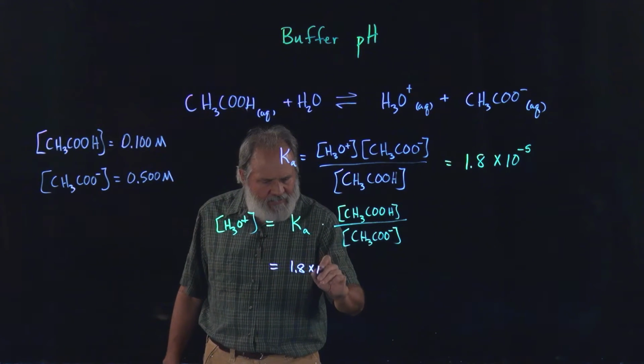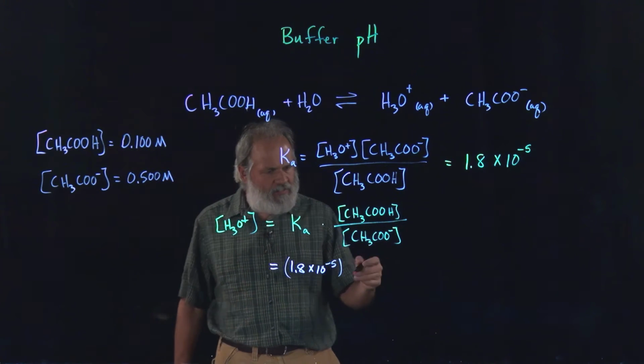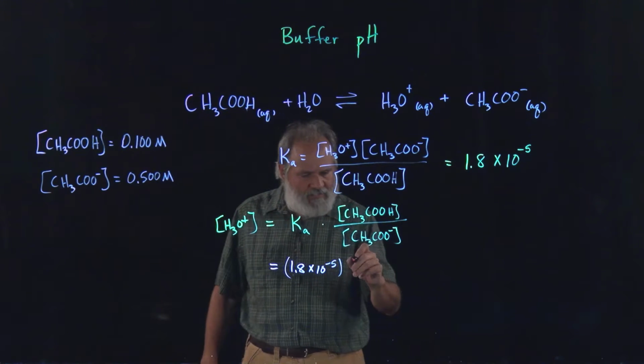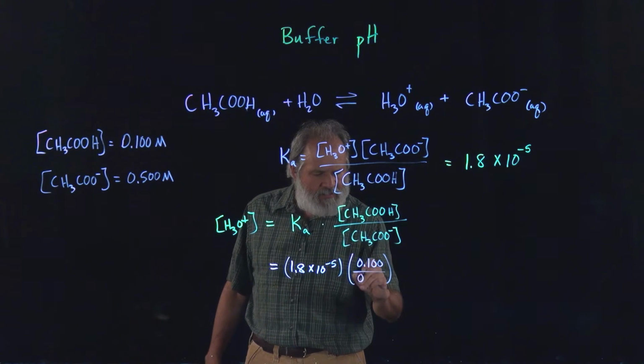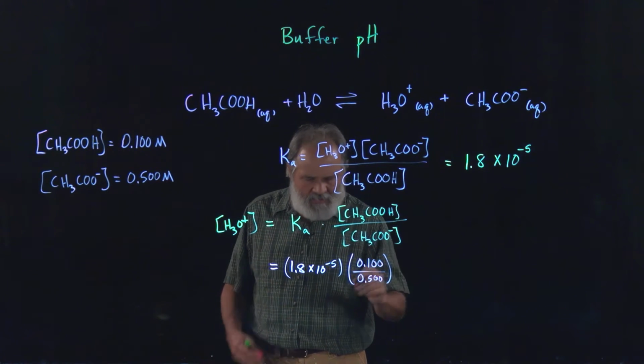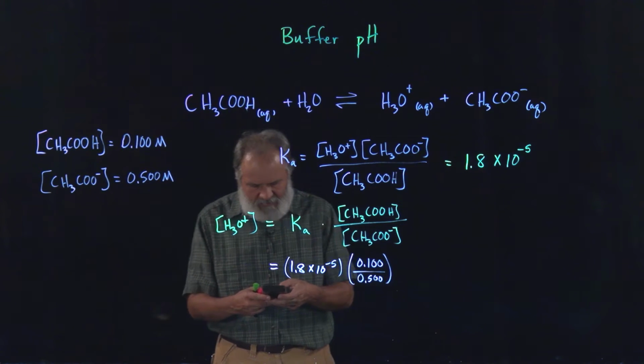All right, so 1.8 times 10 to the minus 5 is the Ka. These are just numbers you look up in tables. Acetic acid is 0.100. This is 0.500. So it's actually a really quite easy calculation to do.